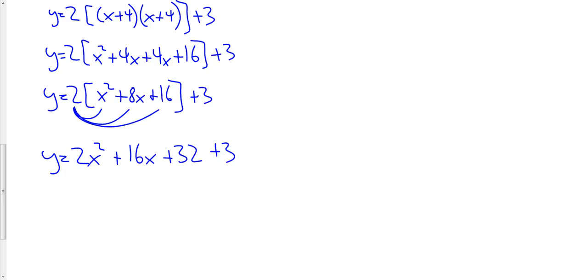Now there's only one more set of like terms that we can collect, and that's at the back end here, the two constants, 32 plus 3. That leaves us with 2x squared plus 16x plus 35. That's just a quick review of skills that we learned last day and that we're going to continue on as we're building forward here.